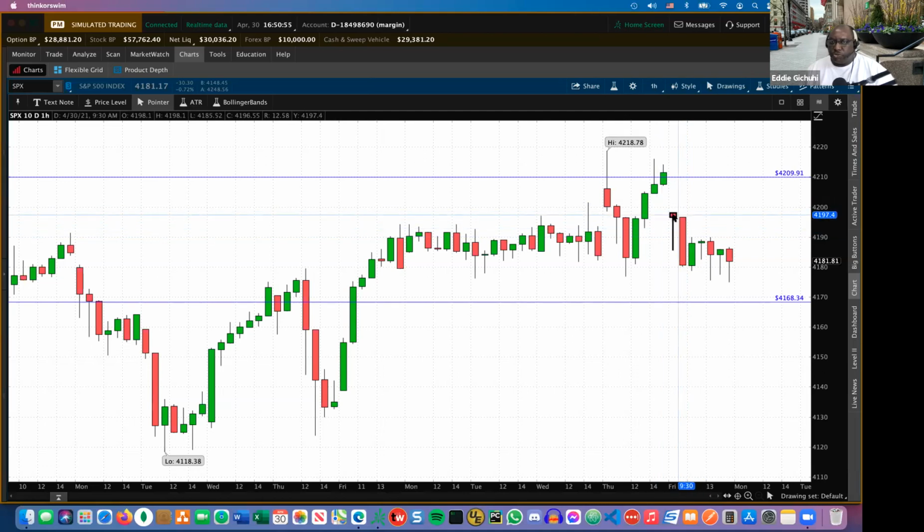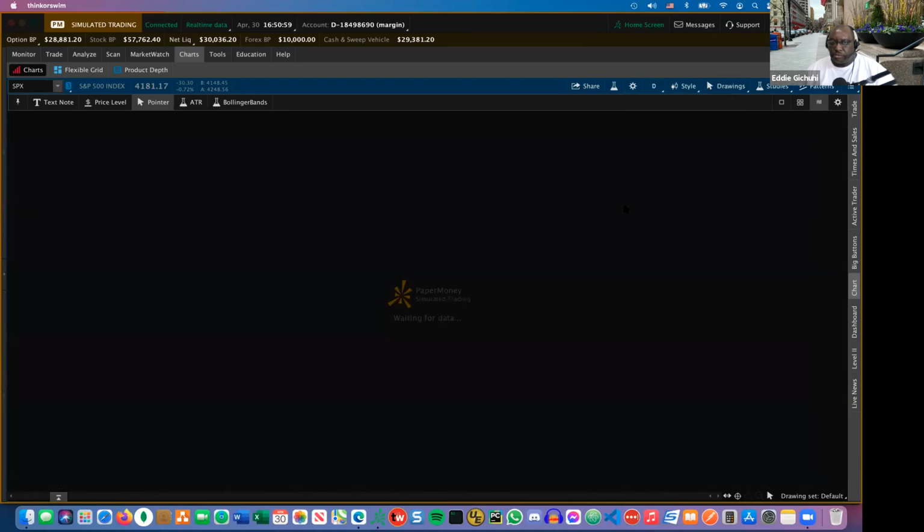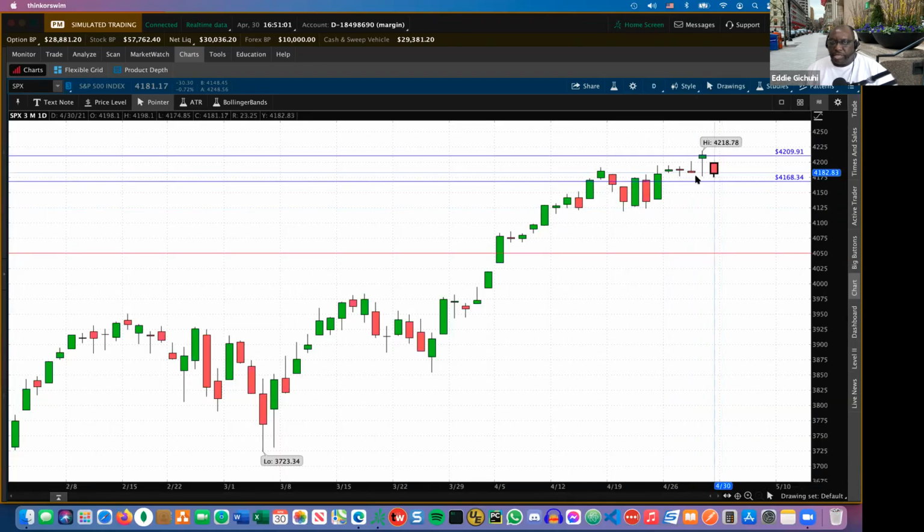And then switch from the 1 hour to the daily, right? And you can see my zones. Now in my paper trading, I don't have all the markings that I usually have, but I usually chart all these zones over here to see where could we potentially end up today.